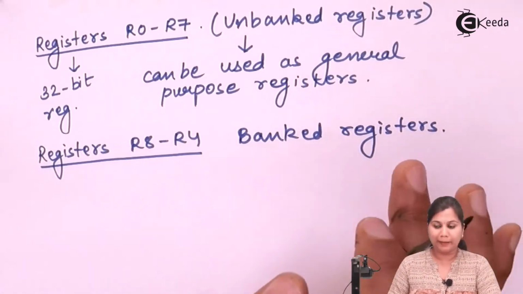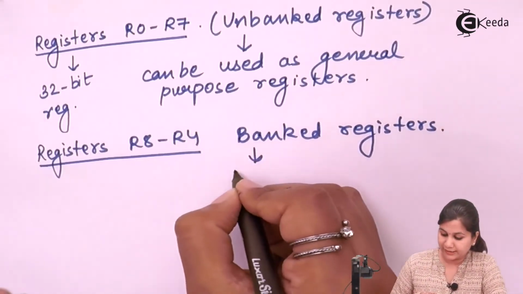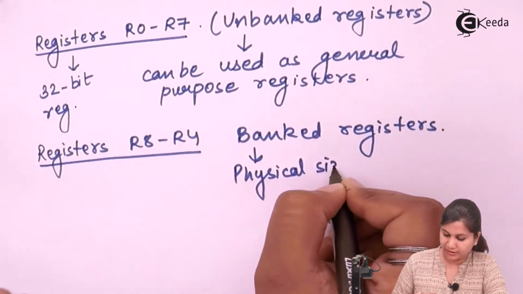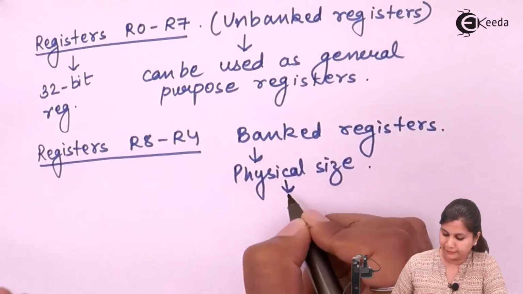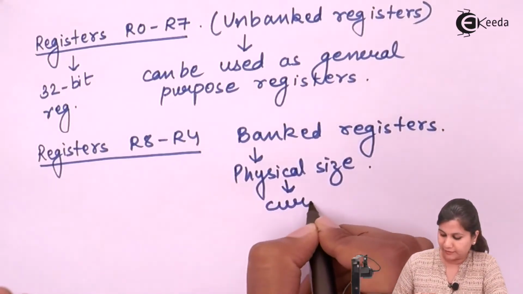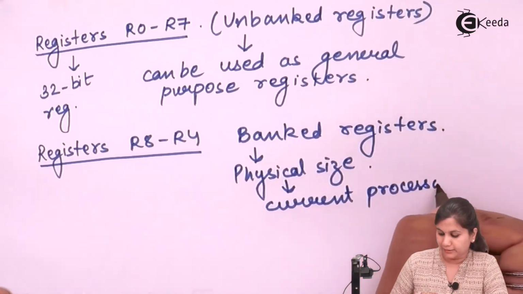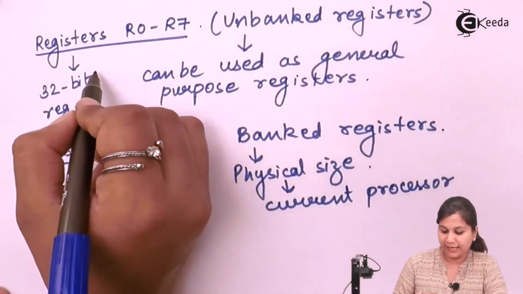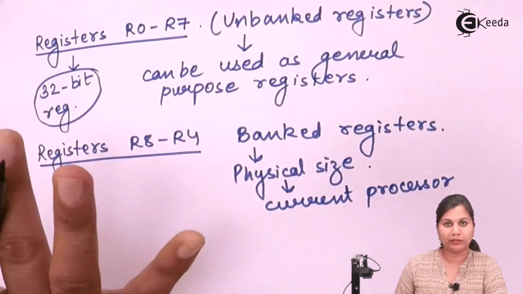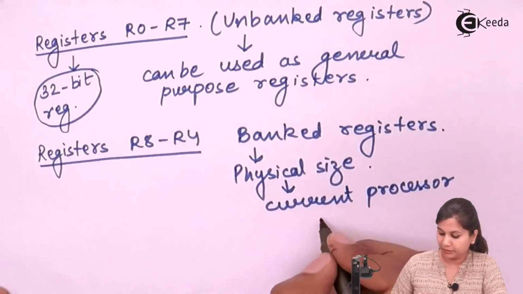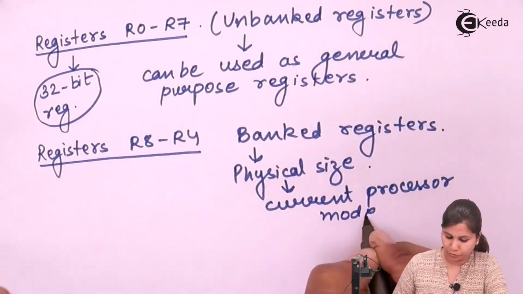Why are they called the banked registers? Because the physical size of these registers is decided by the current processor mode. In the unbanked registers, the size is fixed, that they are 32-bit registers, but for banked registers, the size is decided by the current processor mode.